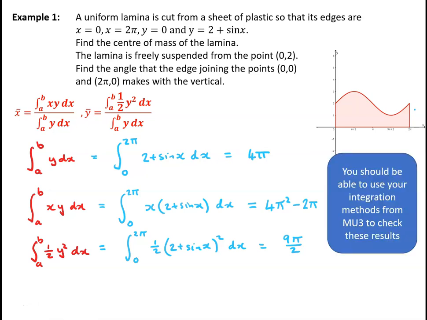Now, these integrals you should be able to do using the methods from Maths Unit 3, so I have missed the details out here. The first one is just a straight integration. The second one will require a little bit of integration by parts. And the third one, you'll need to remember how to integrate sine squared x.